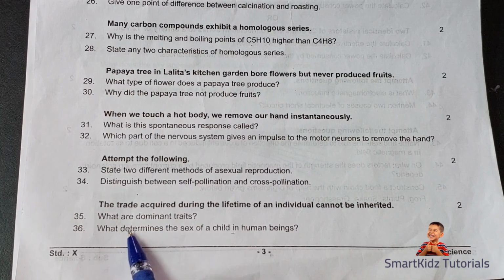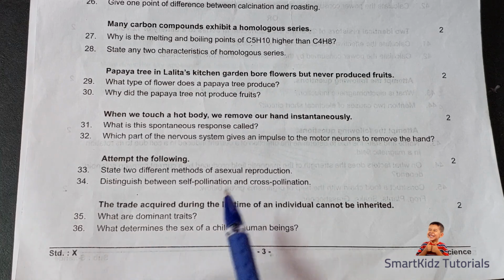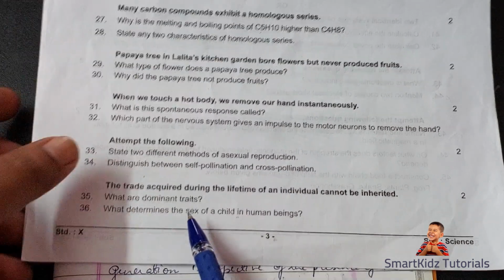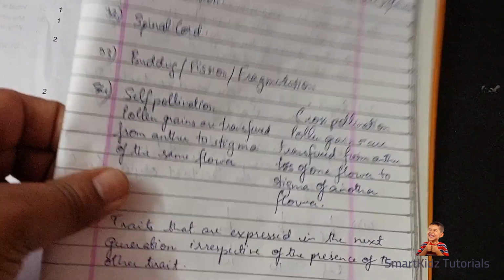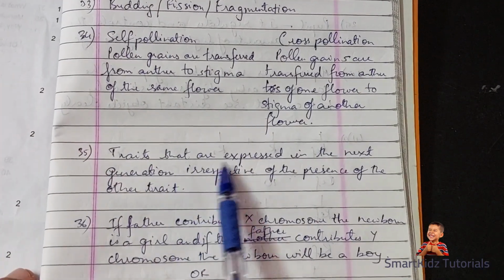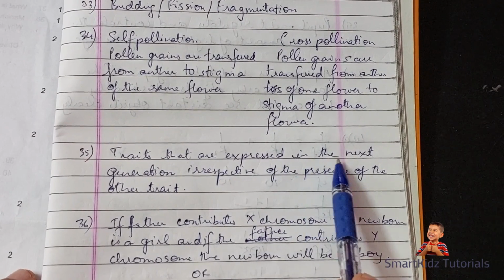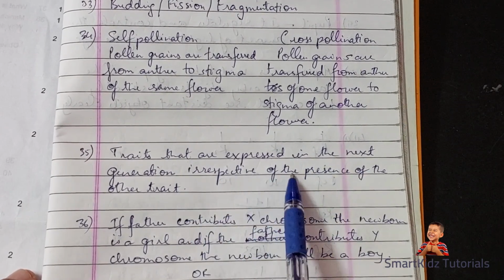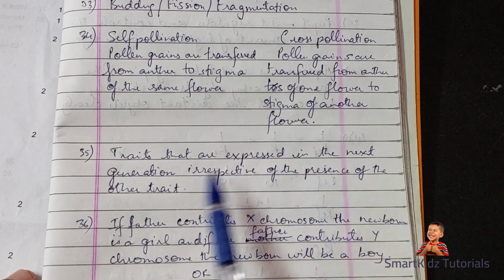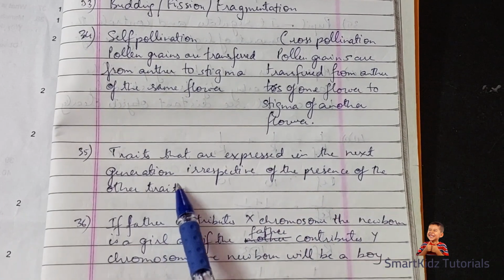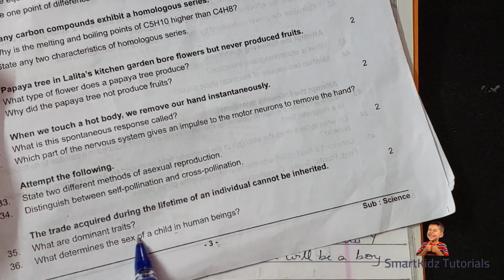So the next question is, what determines which traits are expressed? The answer is traits that are expressed in the next generation, irrespective of the presence of the other trait. These are dominant traits.